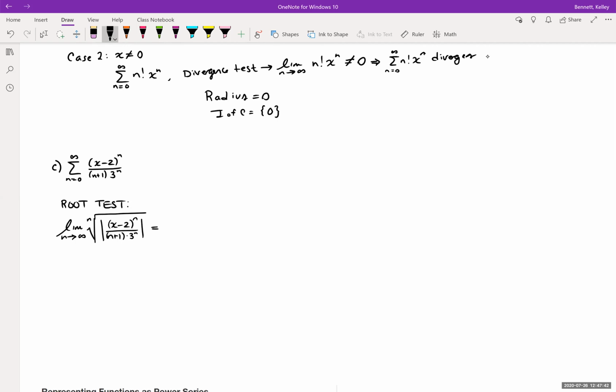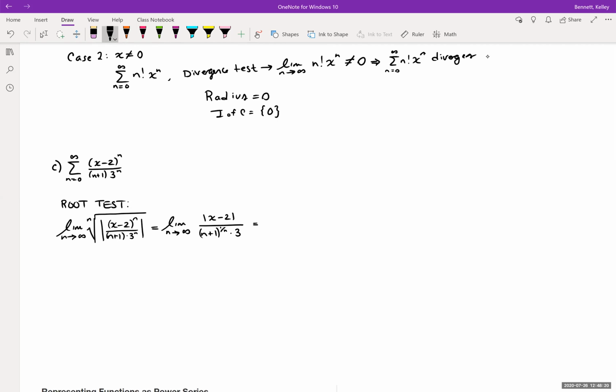So I'll get a cancellation of everything raised to the nth power. And what I'm left with is the absolute value of x minus 2 over n plus 1 to the 1 over n times 3. And again, x minus 2 is not affected by n, and neither is 3. So I'm going to pull out x minus 2 and 3.